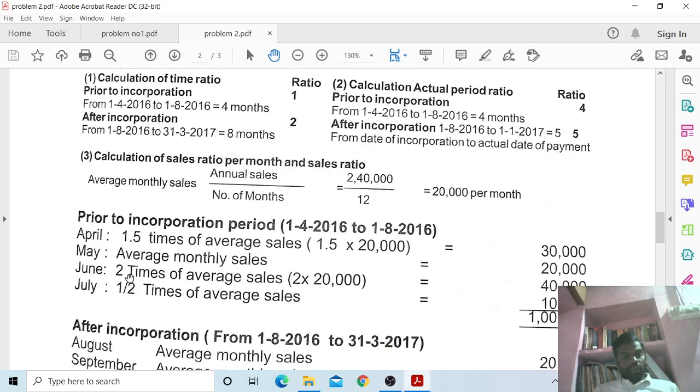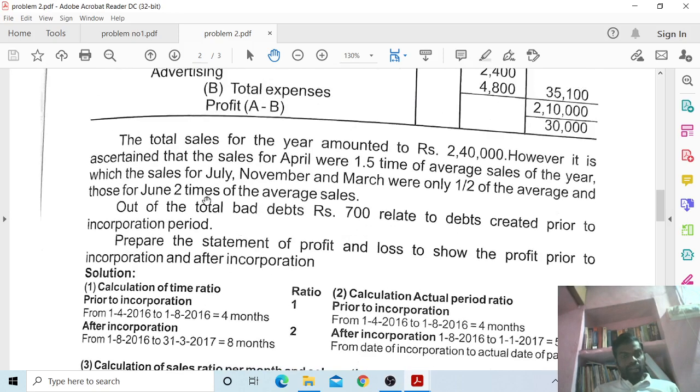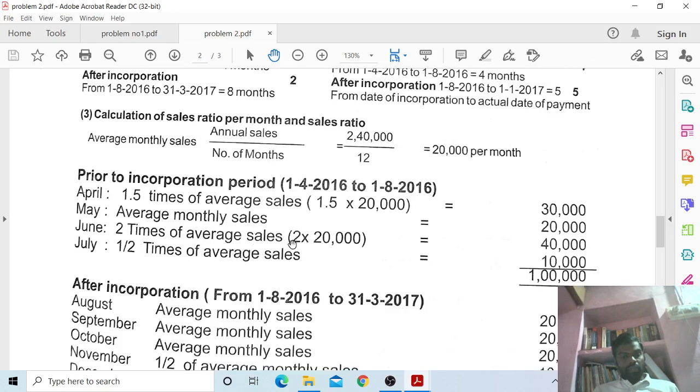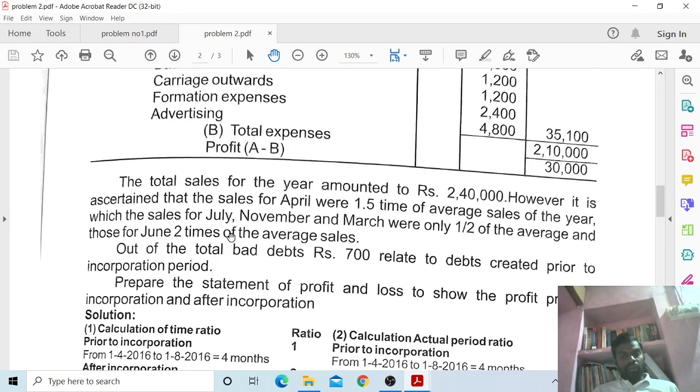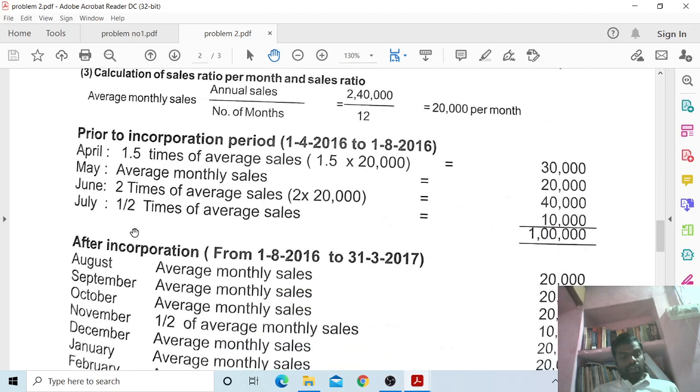Next, June is 2 times, so 2 into 20,000 is 40,000. Next, July, November and March are half, so 20,000 into 0.5 is 10,000. So July is 10,000. Total prior incorporation period sales is 1 lakh rupees.